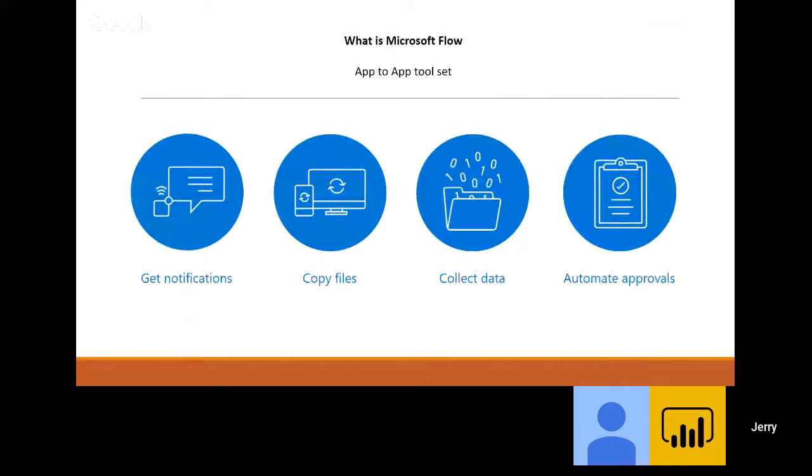So what is Flow? This is what we're going to cover in the next few slides. It is an application to application tool set. It allows you to connect an application to another application. There's a variety of applications out there that Flow works with, and it is increasing every day. The Flow team is building out new features and services and releasing something just about every week.